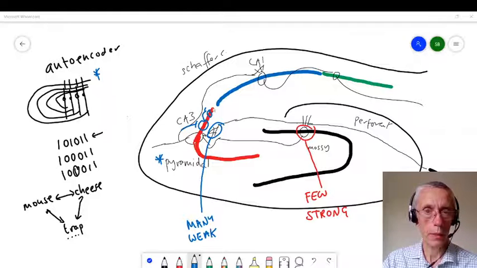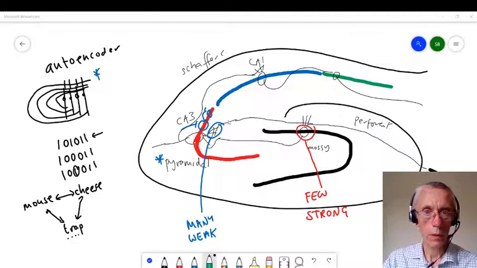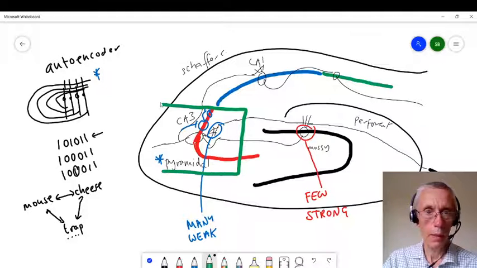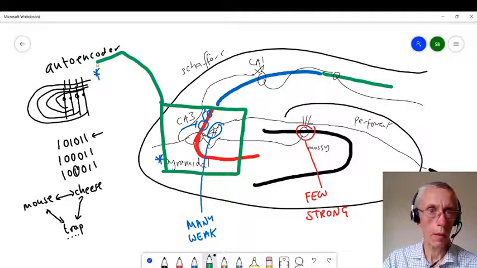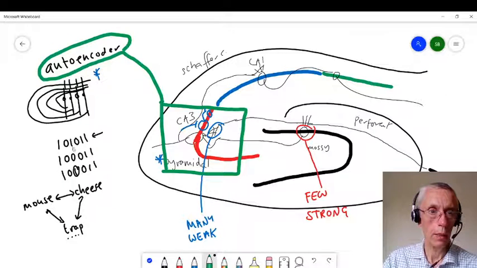So here's the idea. Basically, the model is that this region, CA3, is an autoencoder, because these pyramidal cells are strongly connected to each other, and the job of CA3 is to form a temporary memory buffer associating different inputs.